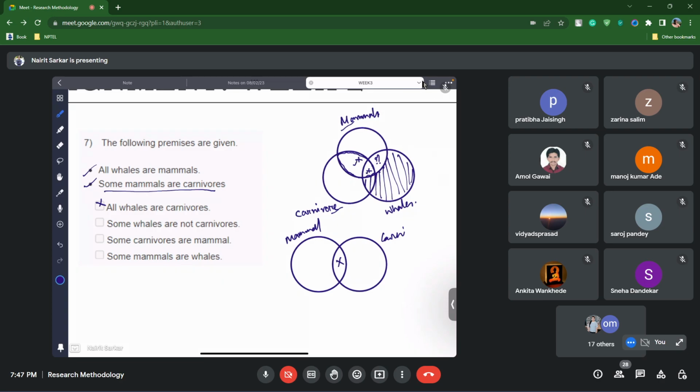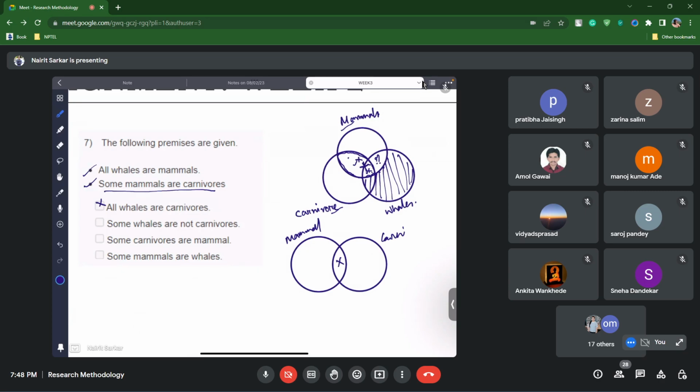We know X should be in this entire region, but exactly where, we don't know according to the syllogism. So we put X in the middle.